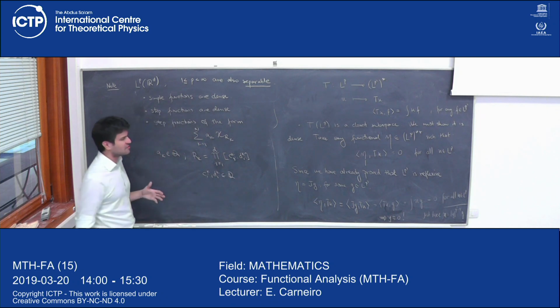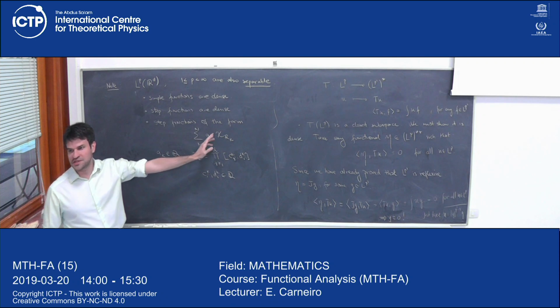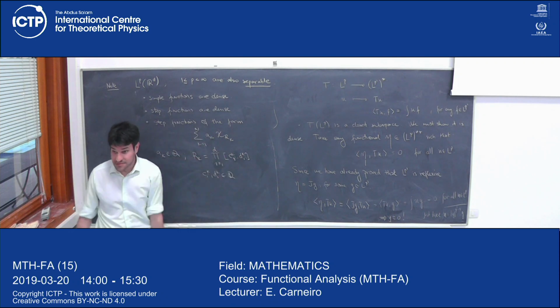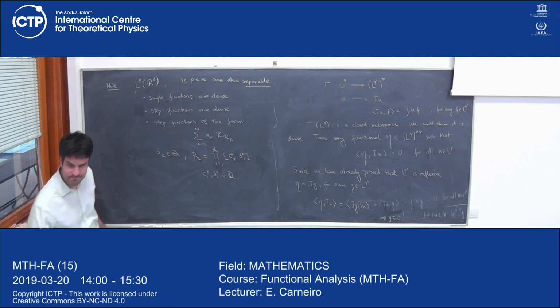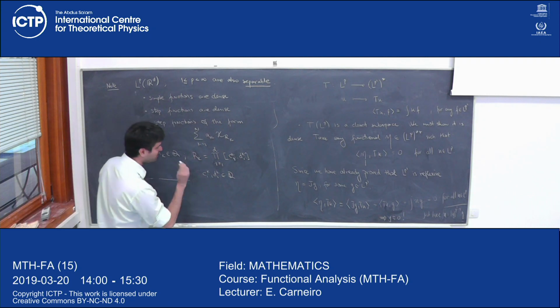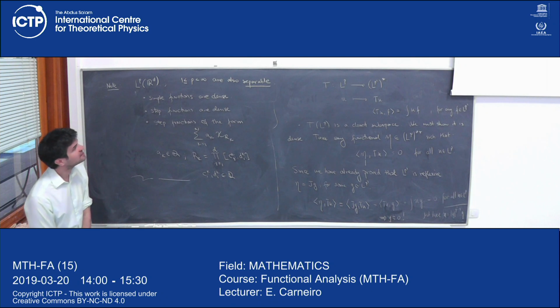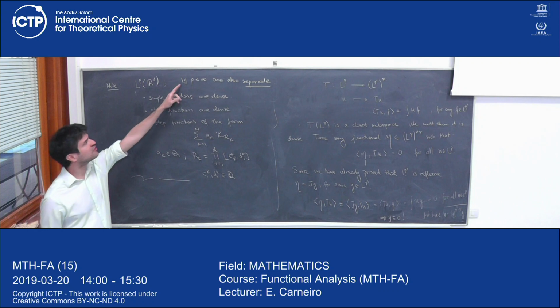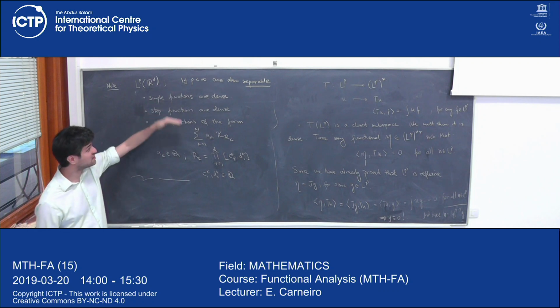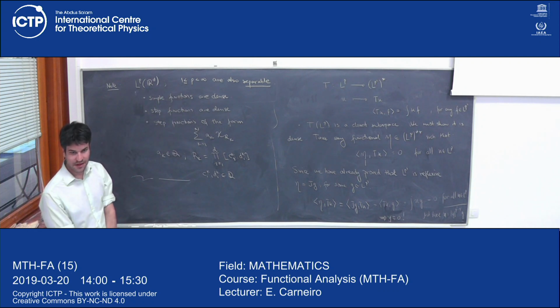So, rational coefficients and rectangles with rational coordinates. So these are dense here, these are dense here. Are we cool? Good. So these spaces are separable. And this goes for L1 as well, right? So all these things hold for L1 as well.